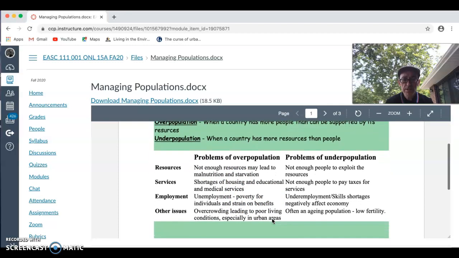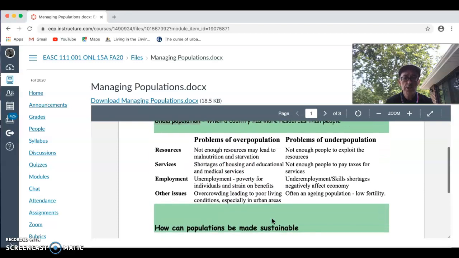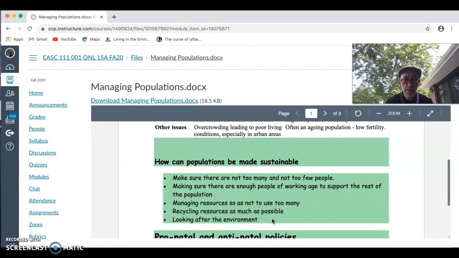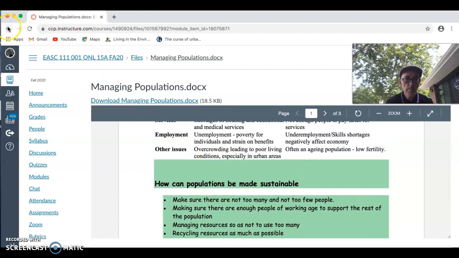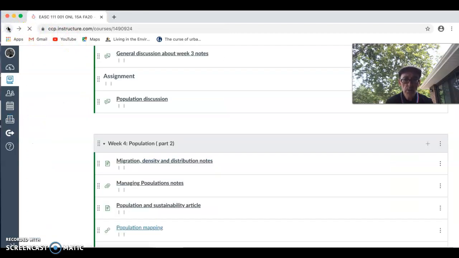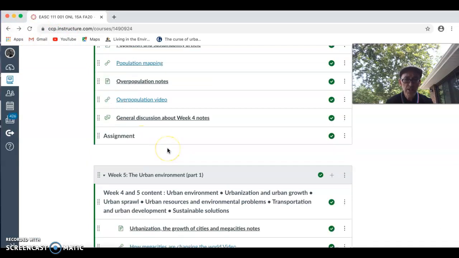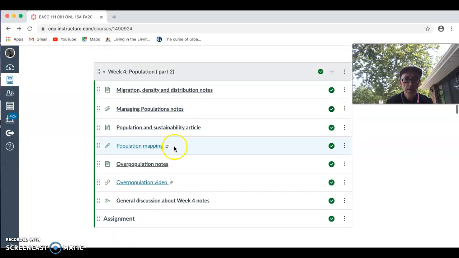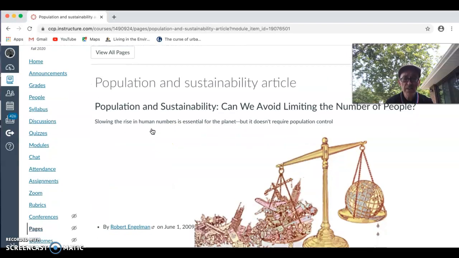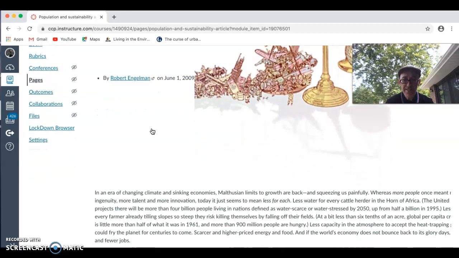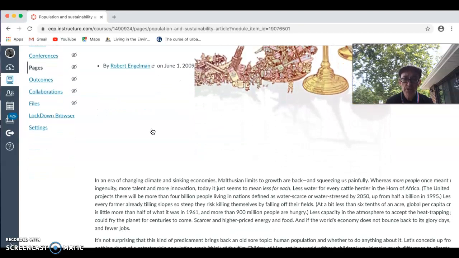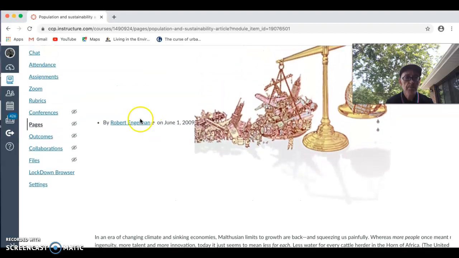What you want to do is look at some of these and maybe apply them to your country. Okay, and you go back. There's also in this section a useful article relating to population and sustainability. Read through this, see if any of it relates to your country. It's a significant article, so make sure you read this.